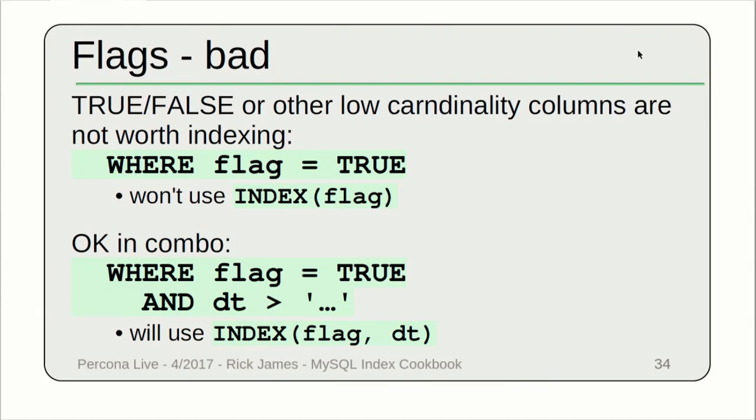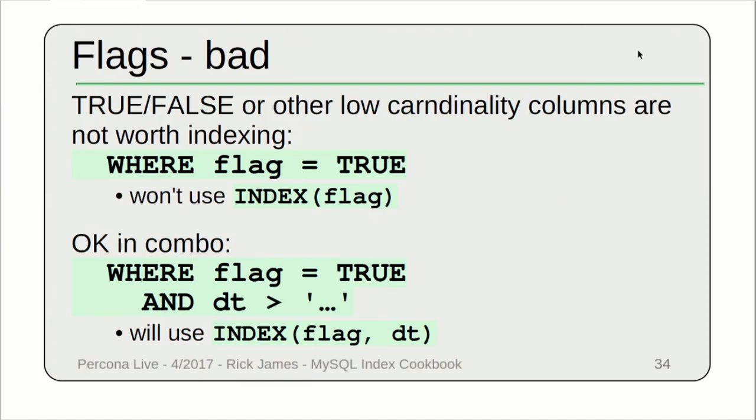The optimizer's going to say, why bother going to the secondary index, reaching over for half the rows into the data? That's a lot of extra work. Why don't I just scan through all the data and throw out half the rows? The optimizer correctly ignores the index. Conclusion: don't index flags. Don't index things like that.